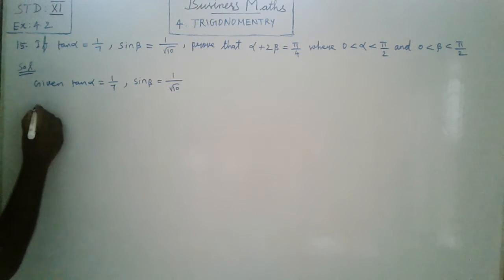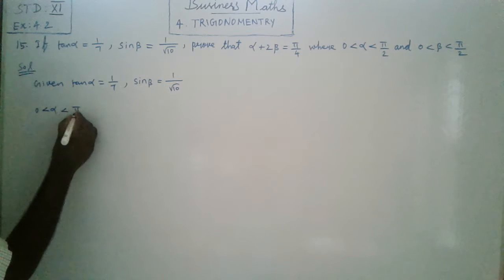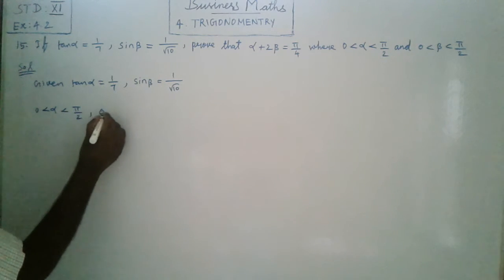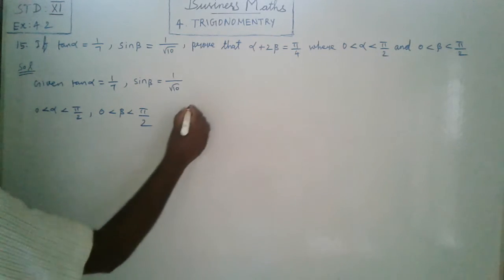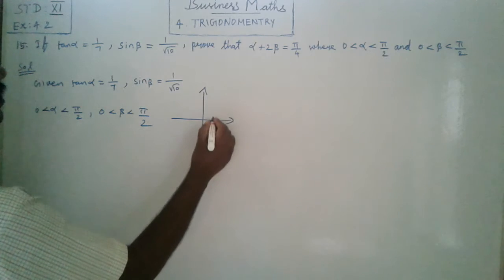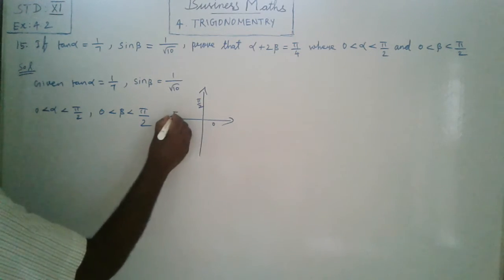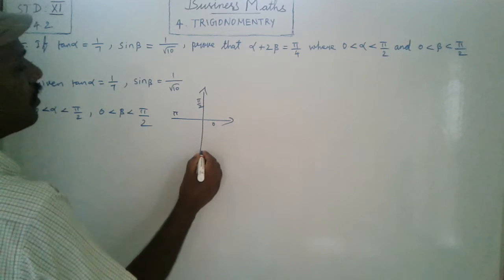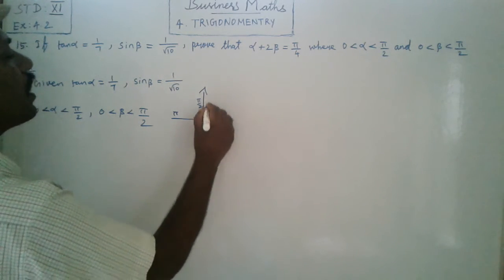Here given 0 less than alpha less than pi by 2 and 0 less than beta less than pi by 2. So alpha and beta are in the first quadrant: 0 to pi by 2, pi, 3 pi by 2, and again 0.